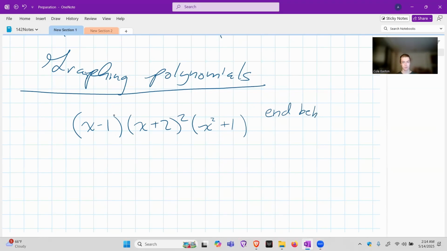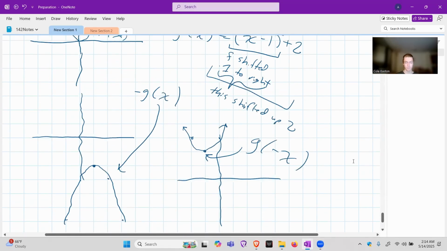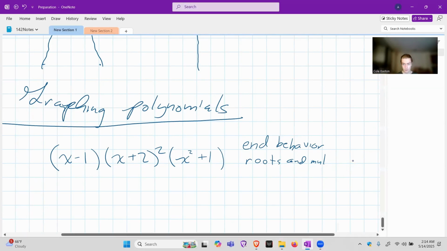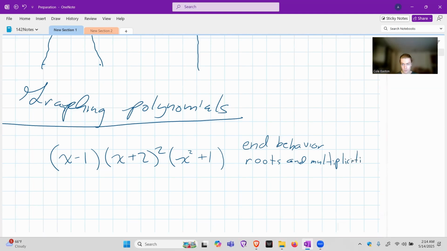End behavior, roots and multiplicities, and the y-intercept. Just knowing all these things will give you a very good idea of what a polynomial is going to look like.